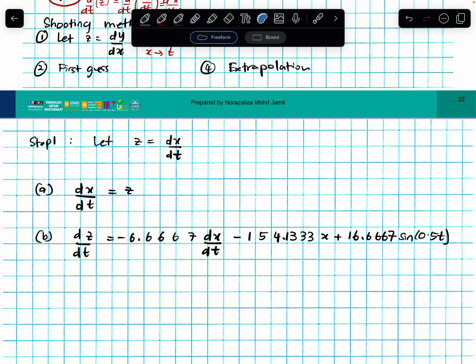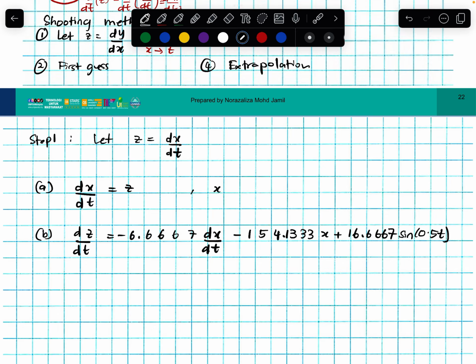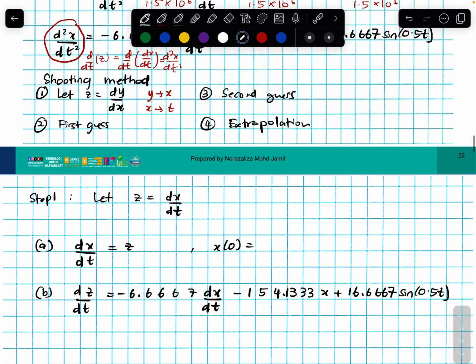So these are your two equations, and each equation should have its own initial value. For the first, dx/dt, you should have x(0). Do we have x(0) information, class? Okay, you look at the problem here.